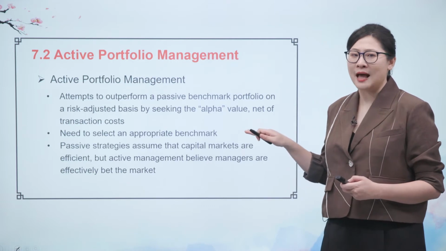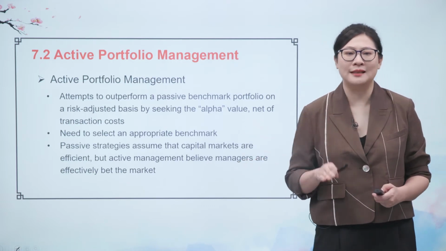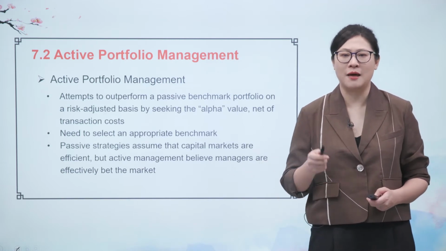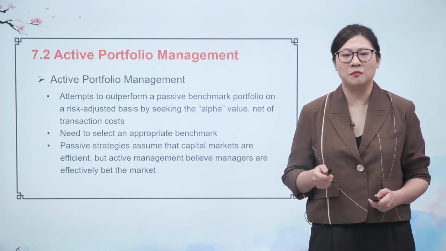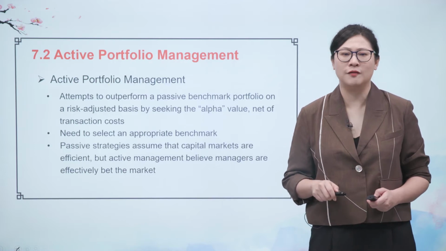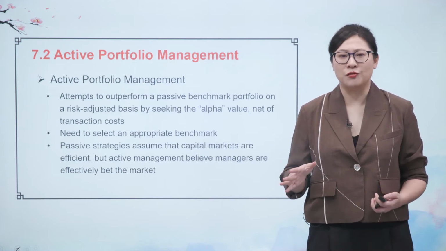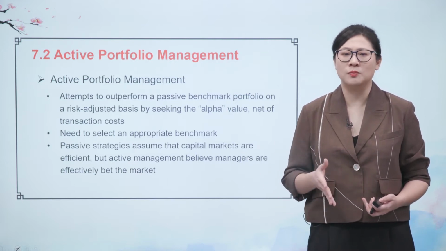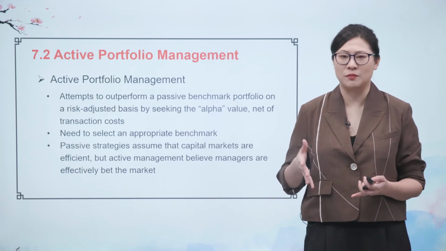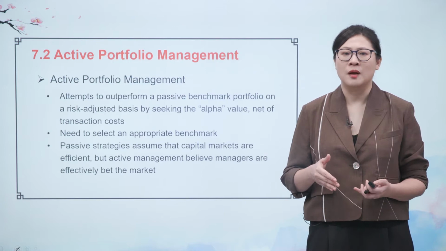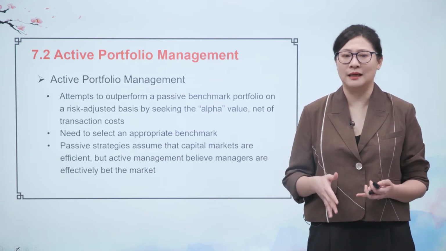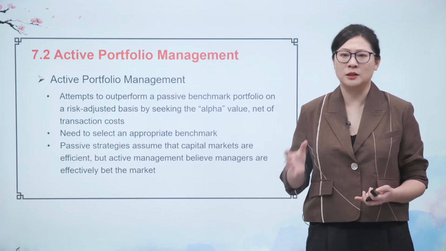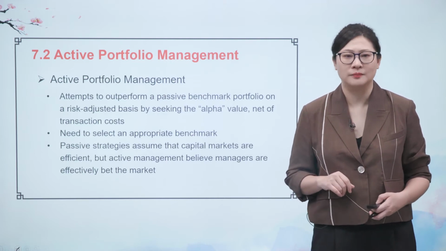The assumptions for these two methods are different. For the passive, we assume the market is efficient. For active portfolio management, we assume there exist some inefficiencies, so the manager could have the ability to exploit that inefficiency in the market.